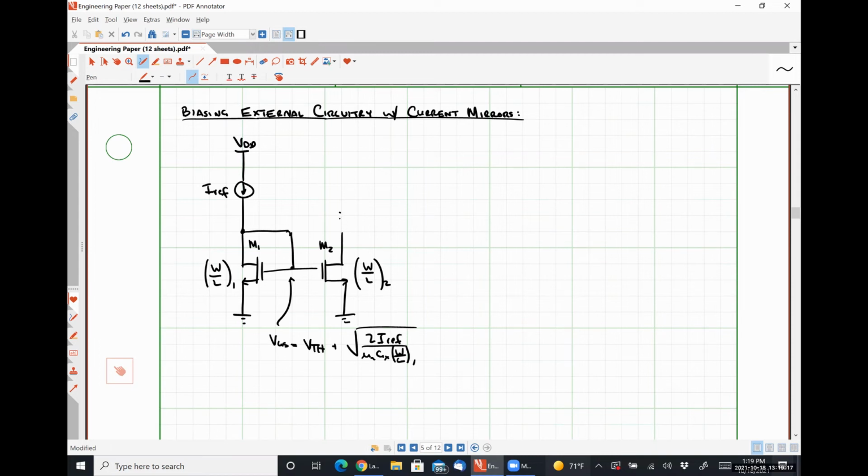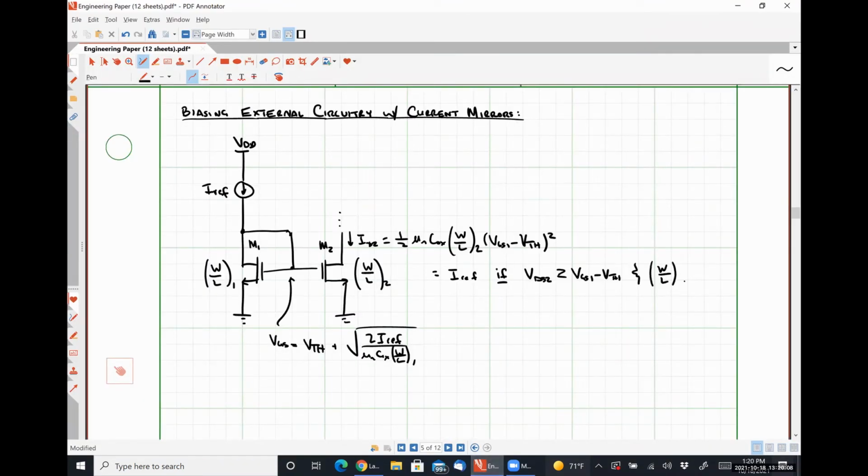And we know that this drain current ID2 is going to be 1/2 mu n Cox W over L2 times VGS1 minus VTH quantity squared, which will equal IREF if VDS2 is greater than or equal to VGS1 minus VTH and W over L2 is equal to W over L1.